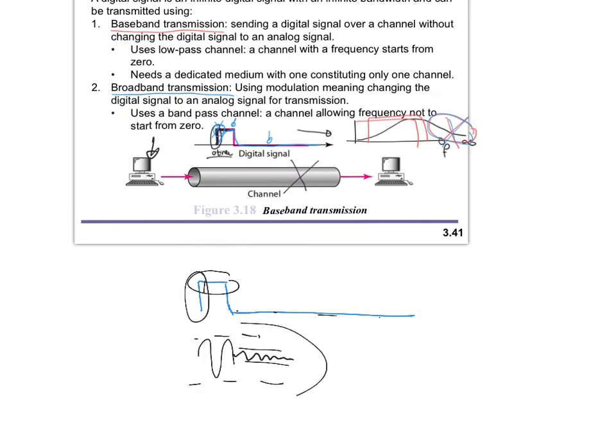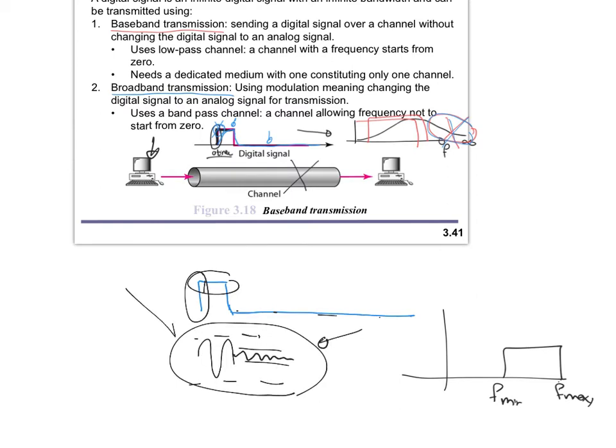So if we convert it to an analog signal like this and transfer it over the transmission medium, remember this analog signal now has a certain minimum frequency and maximum frequency. It does not have infinite frequency components anymore. With me, guys? Okay? So if we convert the digital signal to an analog signal like this, we don't have the problem of infinite frequency components.